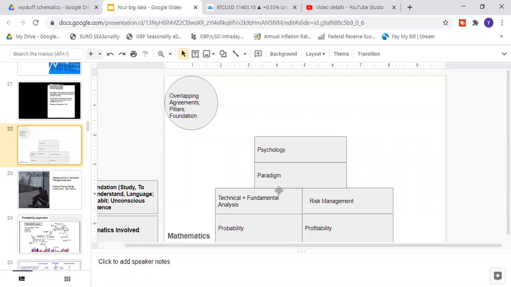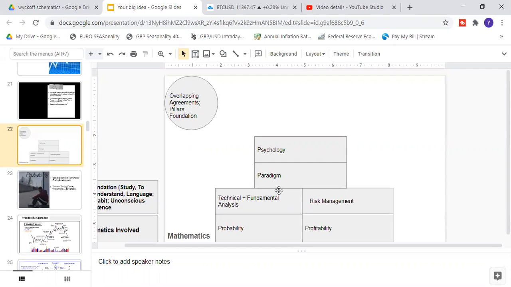In this video, the second part of the previous video, like I mentioned, we're going to be going a little more in depth into probability and profitability. You see, these are two mathematical terms that are embedded within this industry.